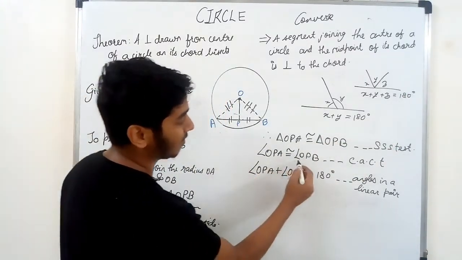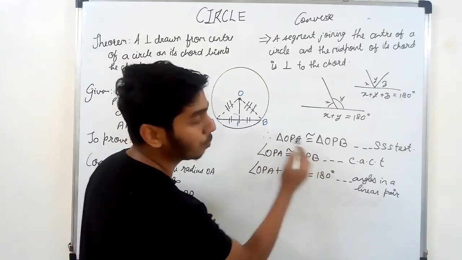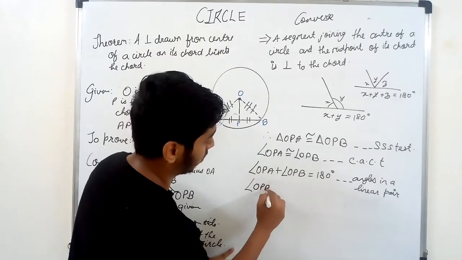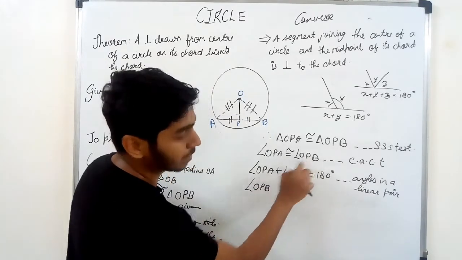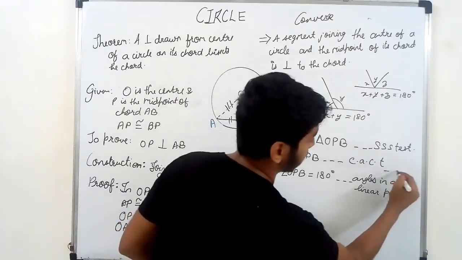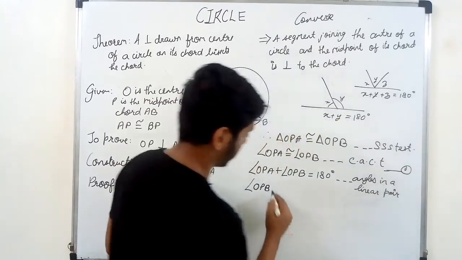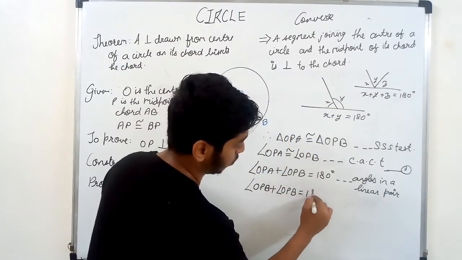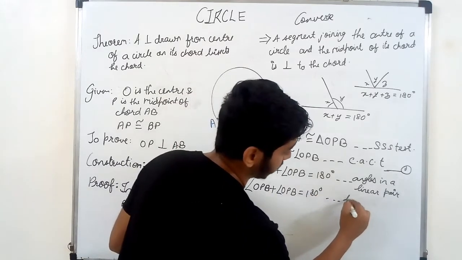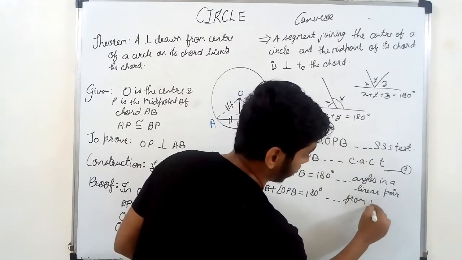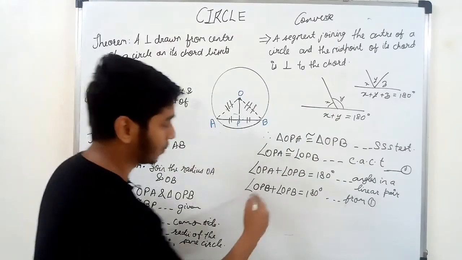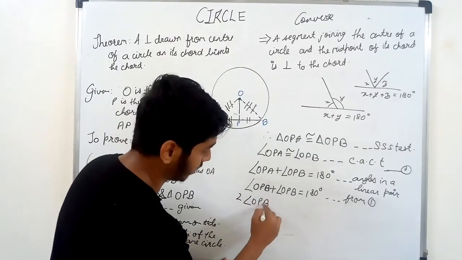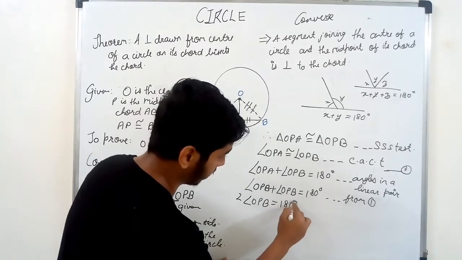Now if you see, if I replace OPA with OPB in this, what will happen? I'll say OPA as OPB because it's congruent. So I'll say this as equation 1: OPB plus OPB equal to 180 degree. Reason for this: from equation 1. Now 2 times angle OPB is equal to 180 degree.